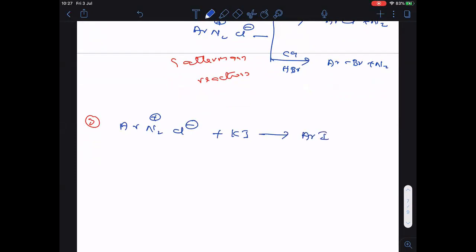Then here you are getting ArI, iodobenzene, plus KCl plus N2. This is the way of getting iodobenzene.